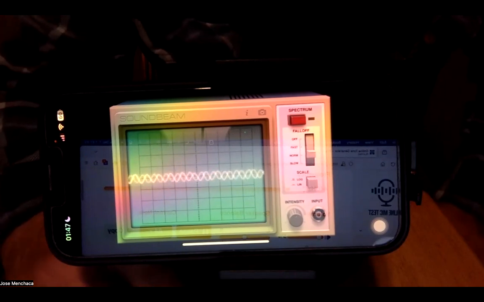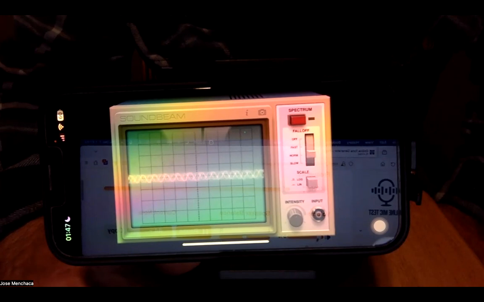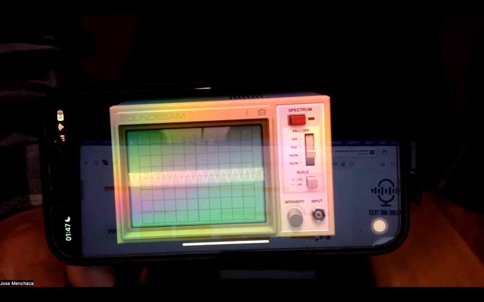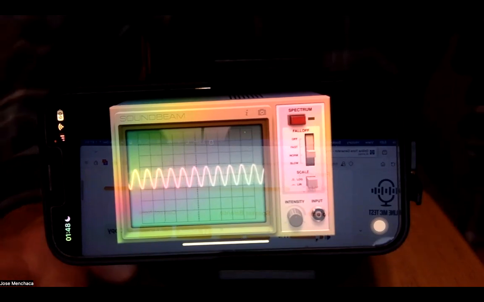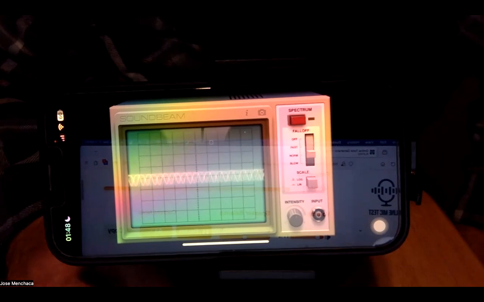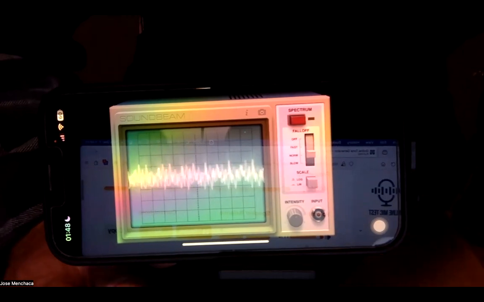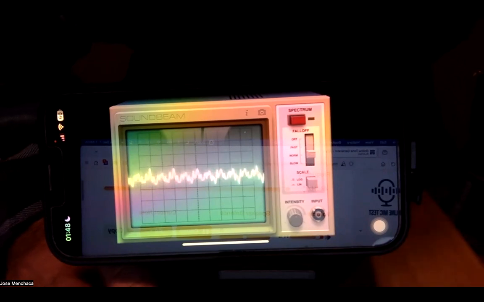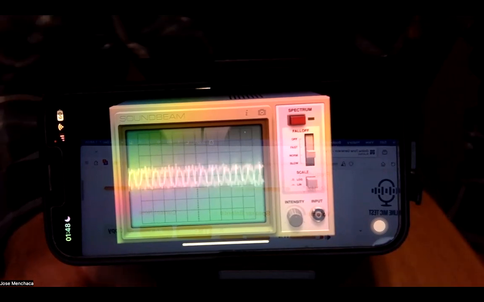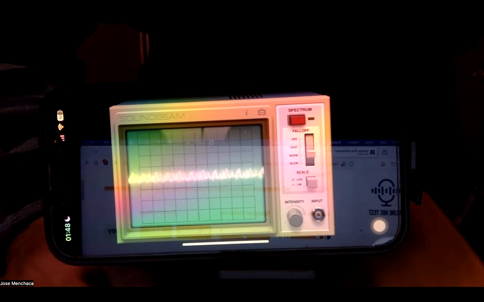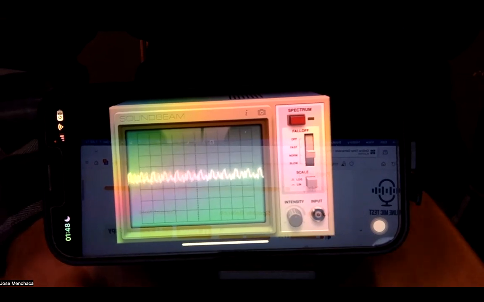Sine wave. And square wave doesn't look like a square wave. Sawtooth and triangle.